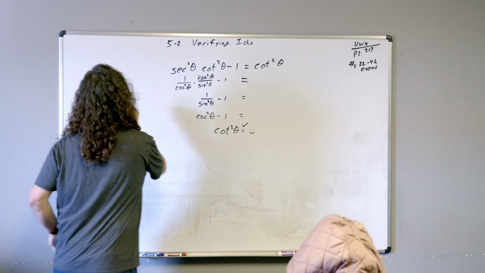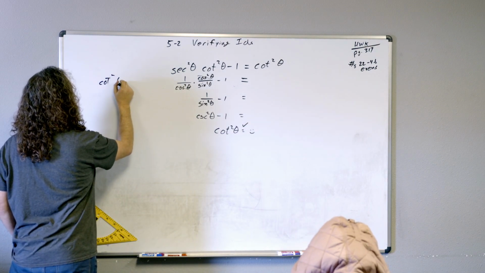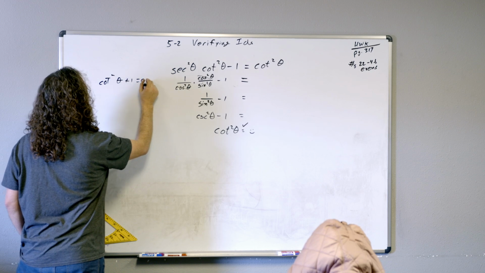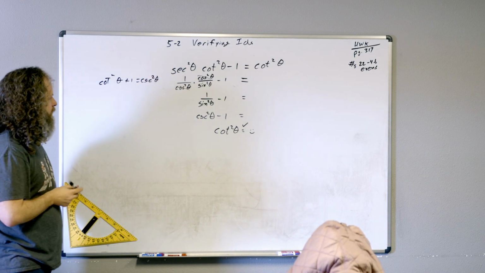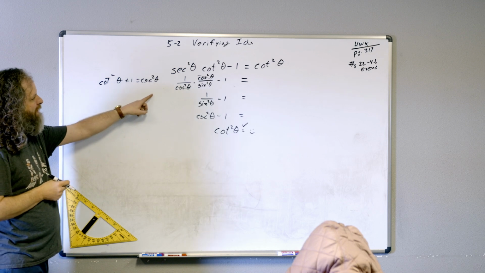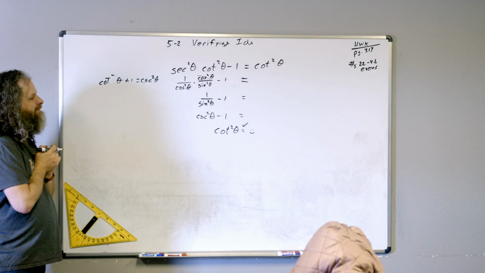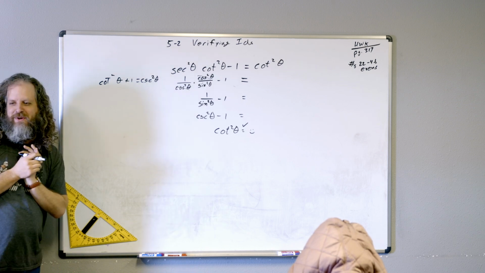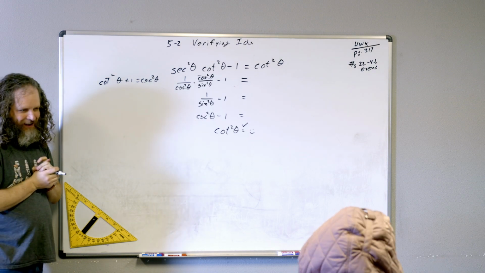Cotangent squared theta plus 1 equals cosecant squared theta. So we subtract 1 from both sides and then it matches, and it's cotangent. So this turns into cotangent squared theta, and we verified. Done. Yay!